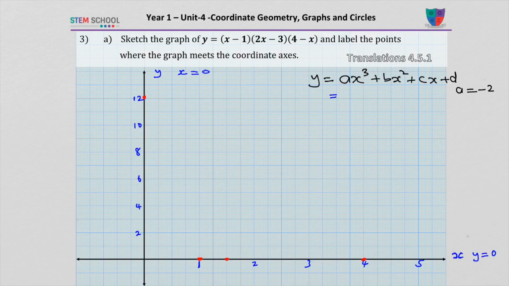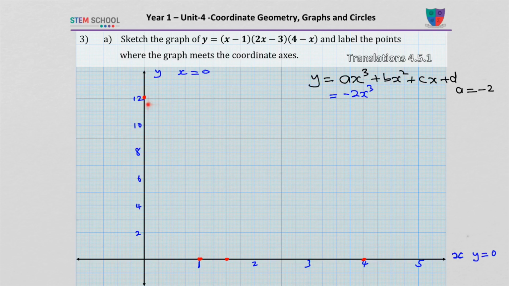The graph will have minus 2x cubed because x times 2x is 2x squared, and 2x squared times minus x is minus 2x cubed. So a is minus 2. So it's a negative cubic. A positive cubic starts from the third quadrant, but because it's negative, it's going to start from the second quadrant.